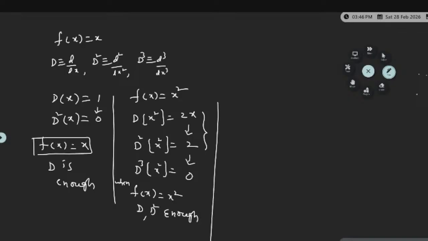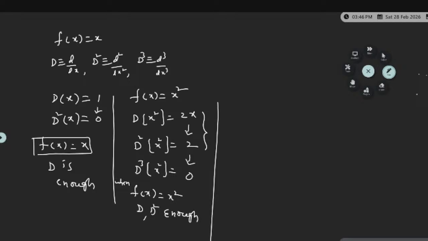When the third derivative is 0, don't consider it. X plus 0 is x, y plus 0 is y; by adding 0 the value cannot be changed. They are not required. Only D and D square are required if the function is x square.